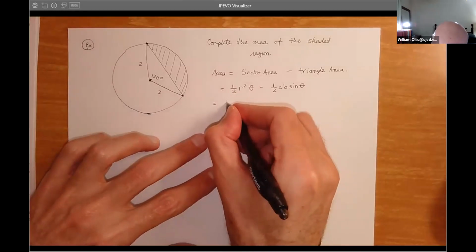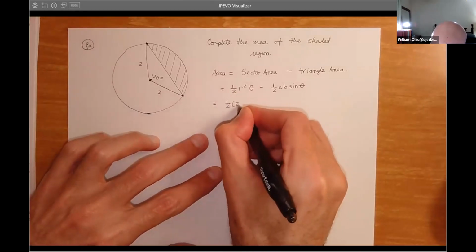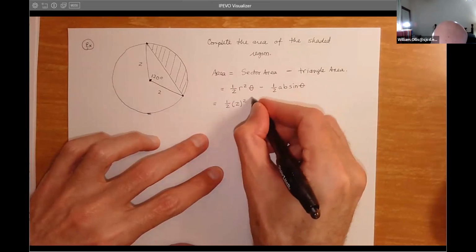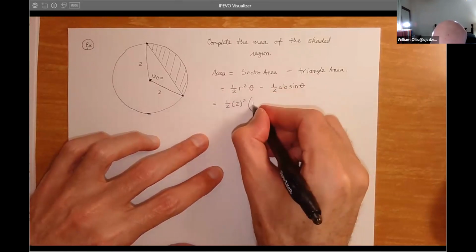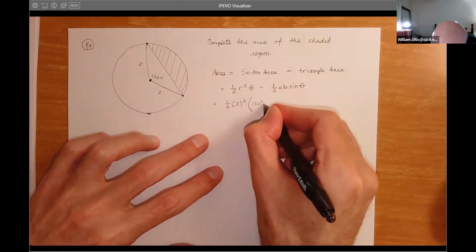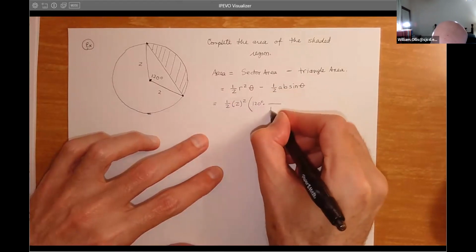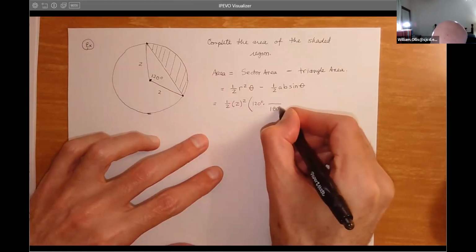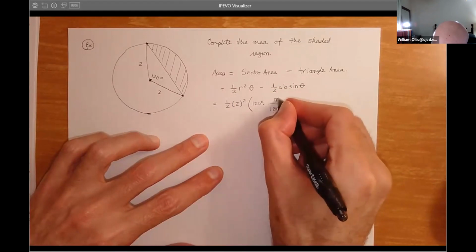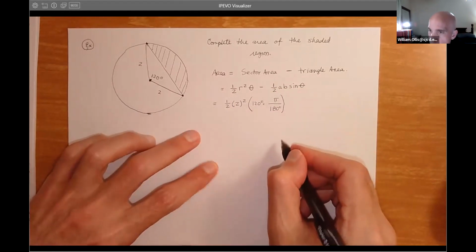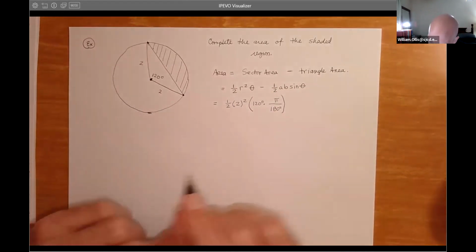So this will be 1/2 2 squared. Theta will be what? 120 degrees times, this is what I said before, 180 degrees downstairs and pi up here. That's the conversion factor, right? So we're not using our calculator, so we have to do it.